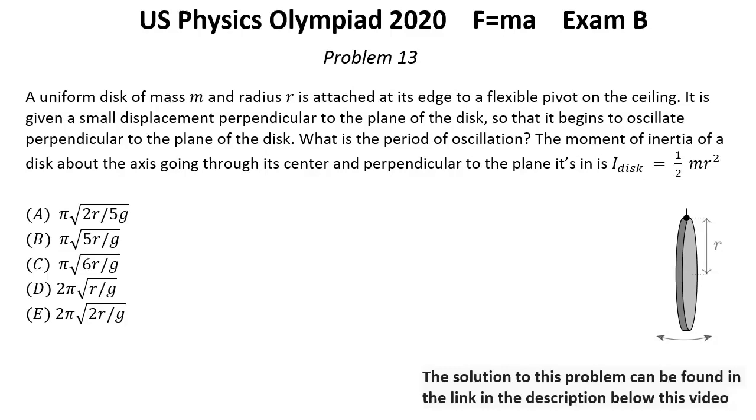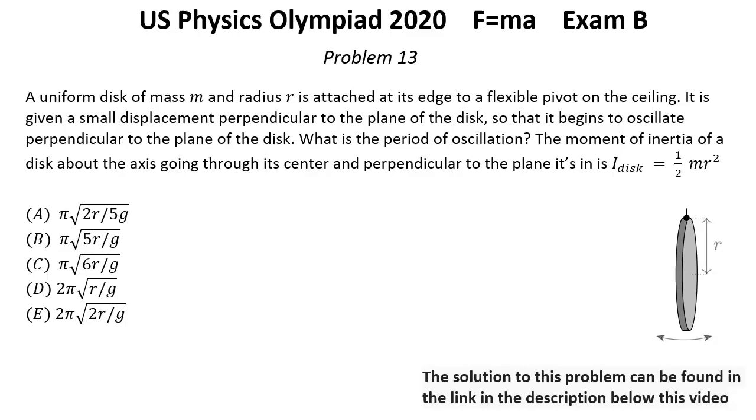What is the period of oscillation? The moment of inertia of a disk about the axis going through its center and perpendicular to the plane is I disk equal 1/2 mr squared. Solution for problem number 13.